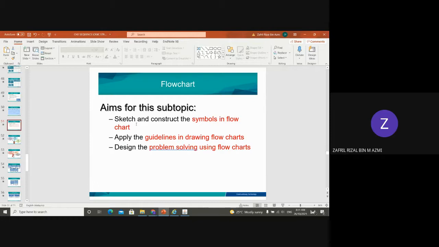Pseudocode and algorithm mainly use text to represent the program. But if you are more towards visualization, you may choose a flowchart to design your program.